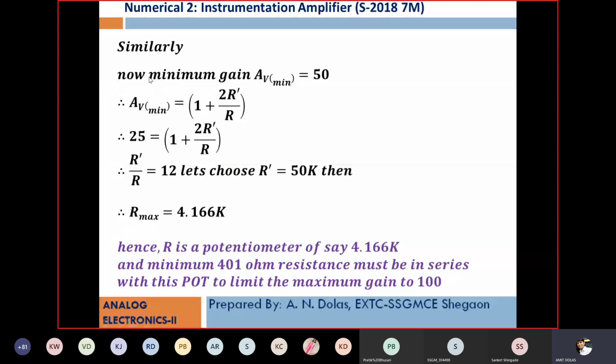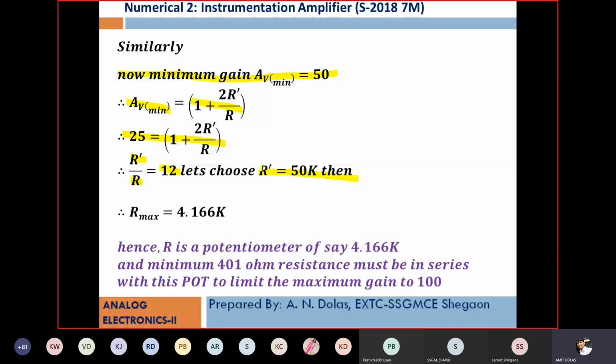So for that, again R2 by R1 is 2. Now the minimum gain is 50, R2 by R1 is 2. Therefore, for the factor 1 plus twice R dash divided by R, AV minimum will be equal to 25. Therefore, R dash by R will be equal to 12. Let's choose R dash, of course we already did this.